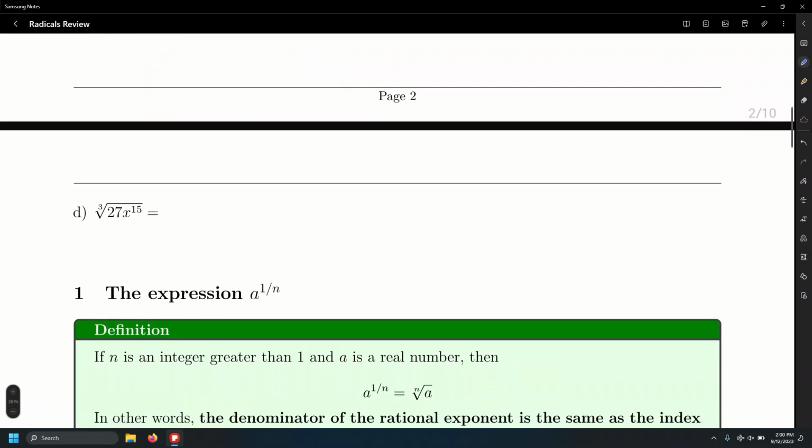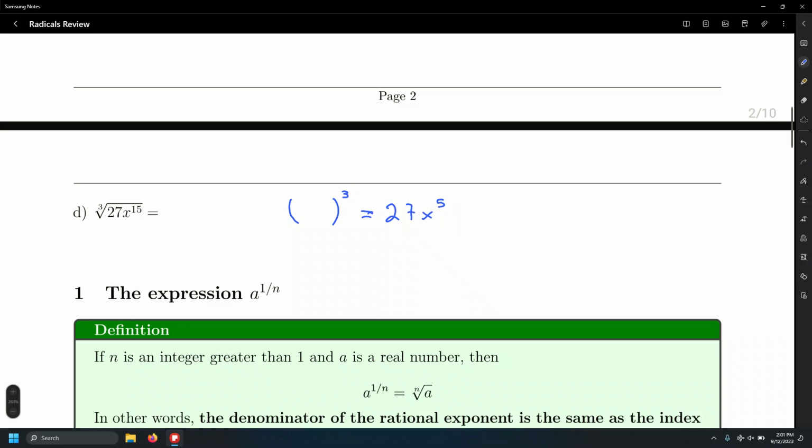This one involves, again, not just a variable, but also a numerical coefficient at the same time. All right, so again, here we're looking for the quantity whose third power equals 27x to the fifth power.